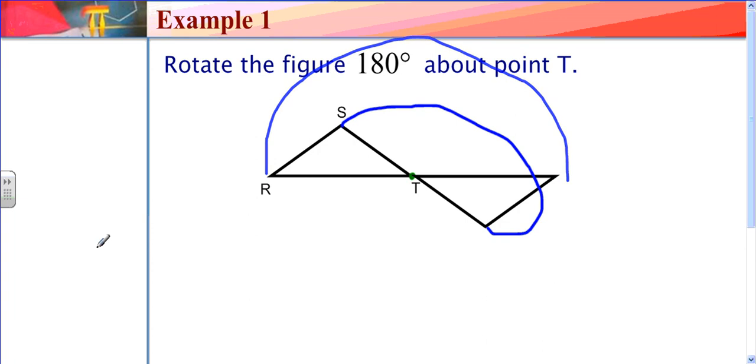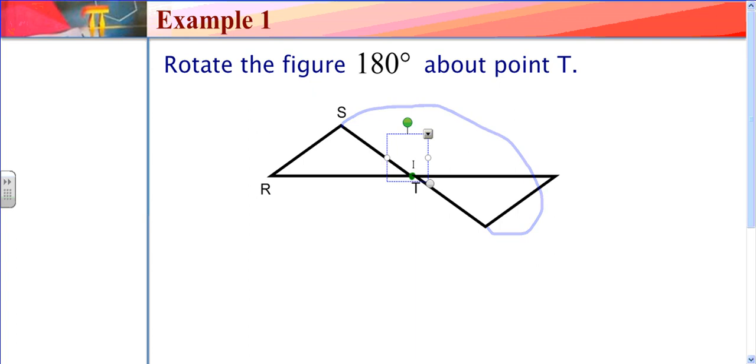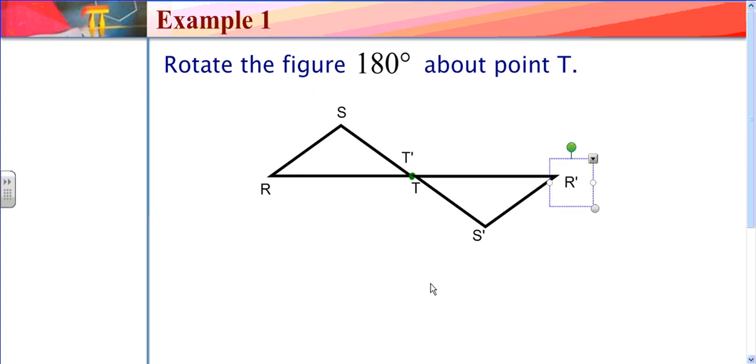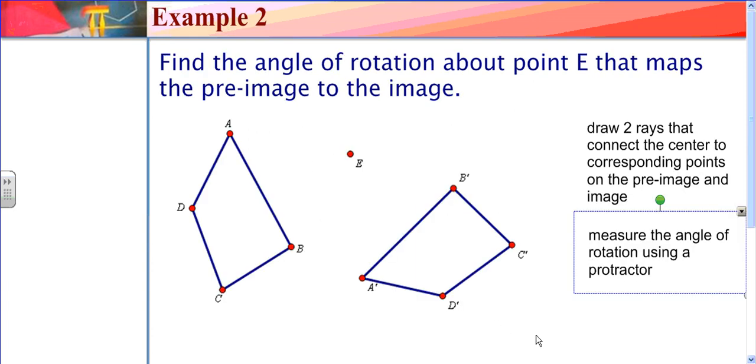So that's what happens when we look at a rotation. If we wanted to label my points, this point would be T prime, this point would be S prime, and this point would be R prime. So in this case, since my center of rotation was one of the original points, T and T prime are the same point.